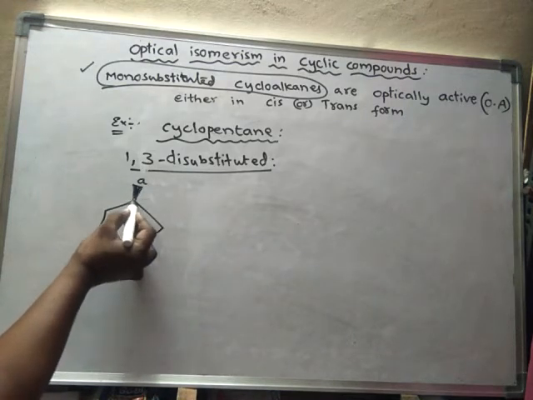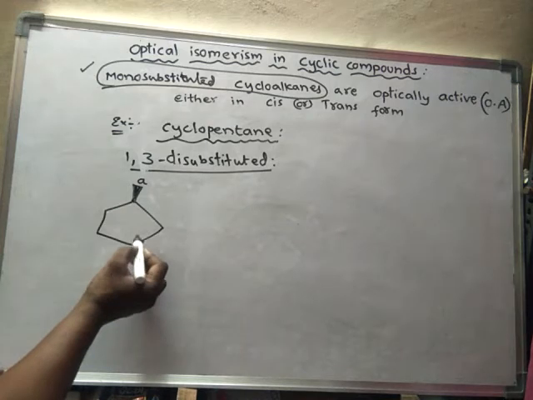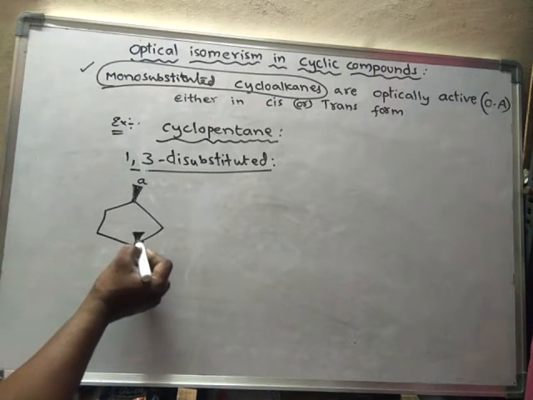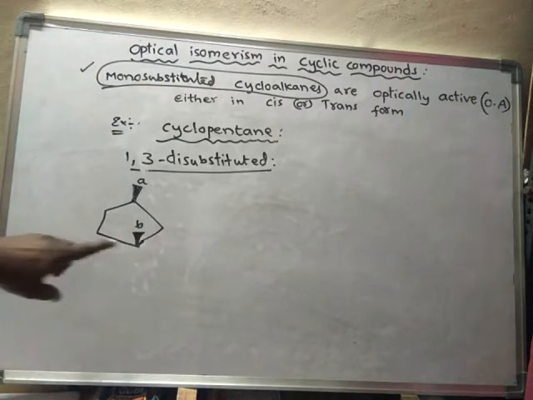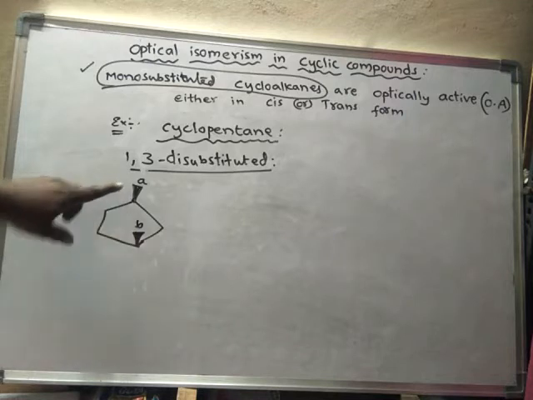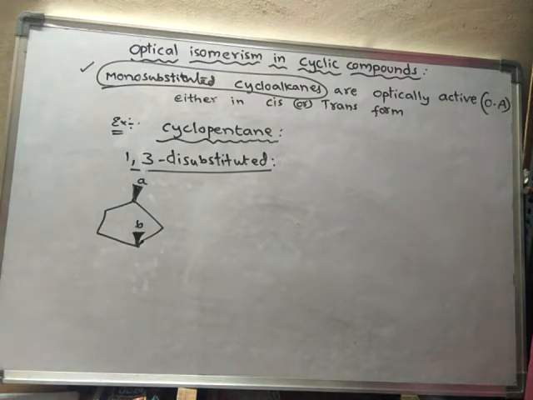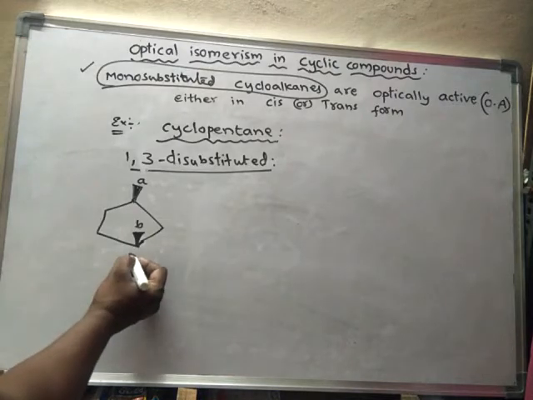Let us assume this as the first carbon and this will be the third carbon. There is a substitution on the first carbon and third carbon. So this is above the plane and here also above the plane. Both are above the plane. Hence the cis form is optically active.